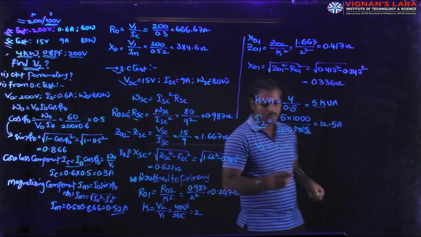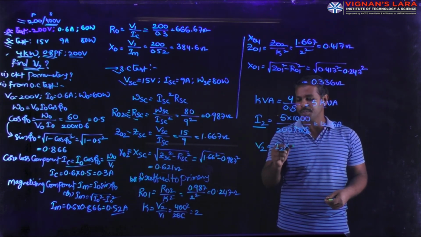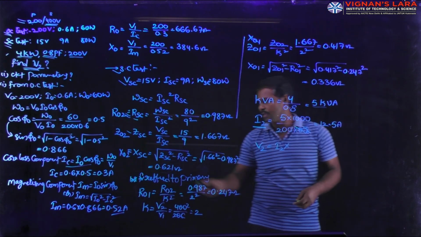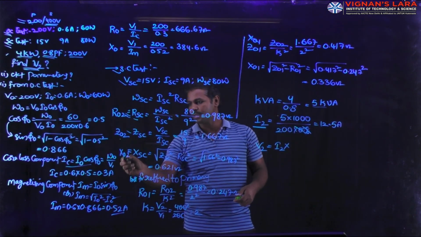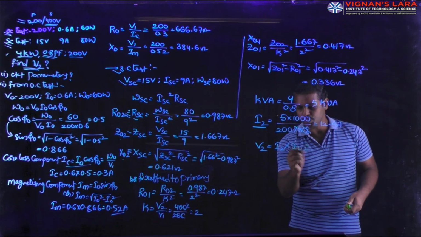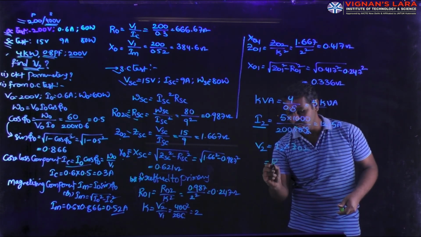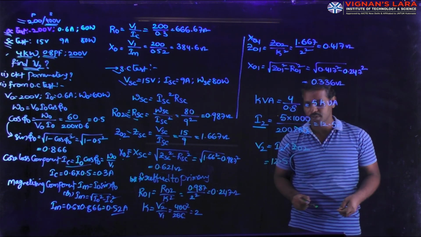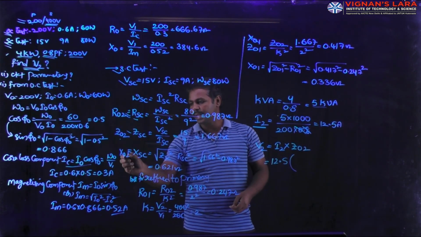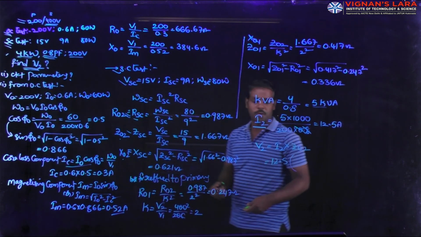So V2 is I2 into Z02, where I2 is 12.5 and Z02 is a combination of resistance and reactance, supplied at 0.8 power factor.